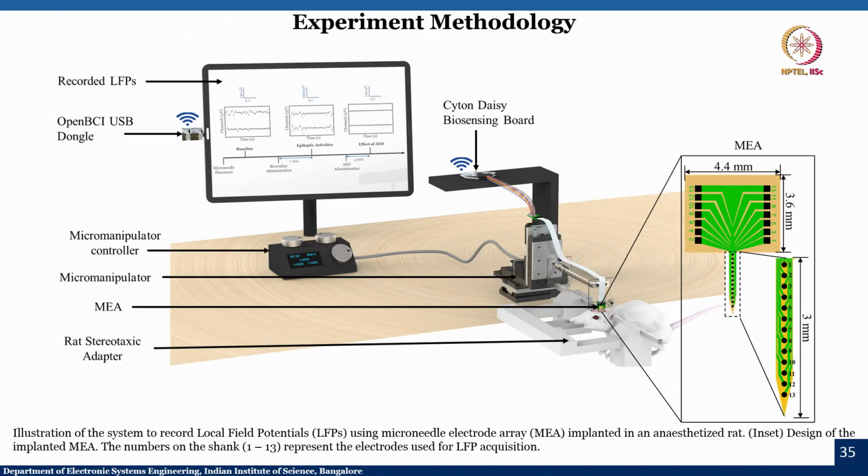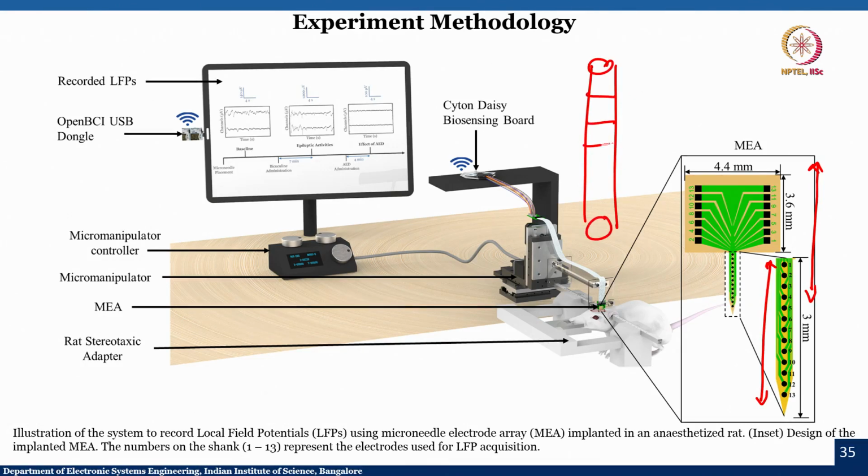Here is the figure, right. You can very clearly see a beautiful schematic of how we are going to perform the experiments. The microneedle that we are talking about has many electrodes that you can see here, about 13. But I told you that there are 6 layers in a column, and why are there 13 electrodes?